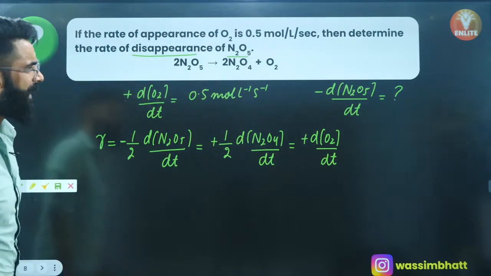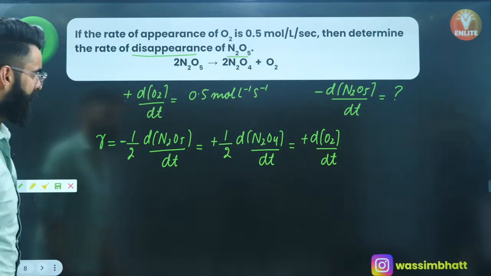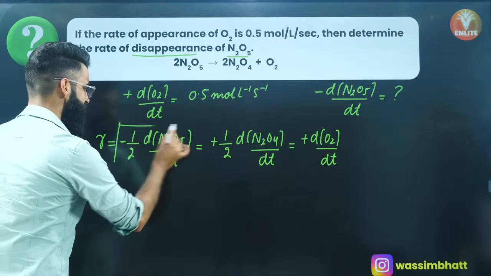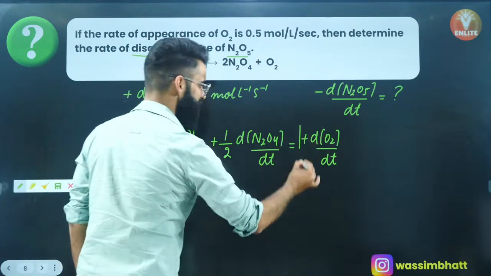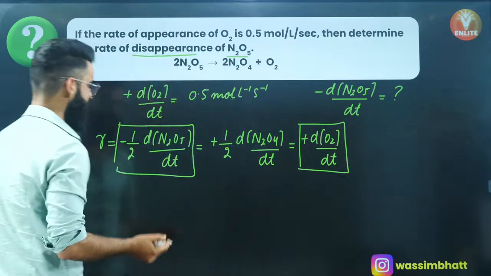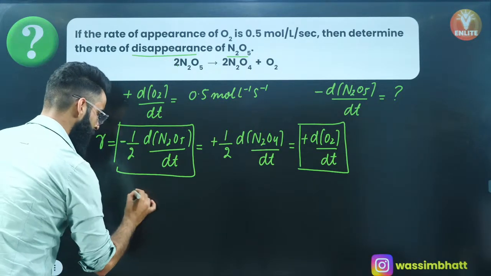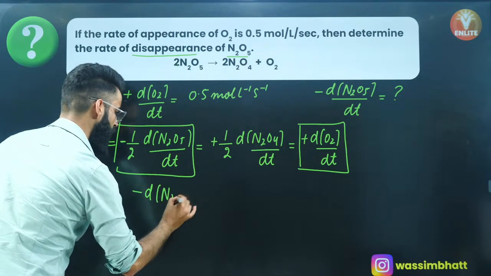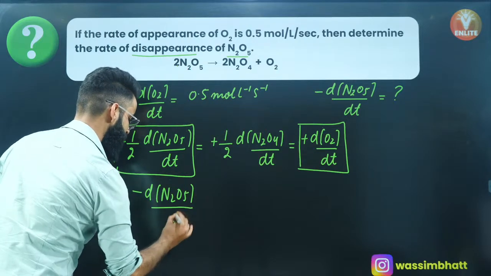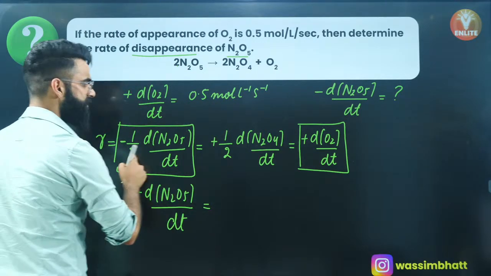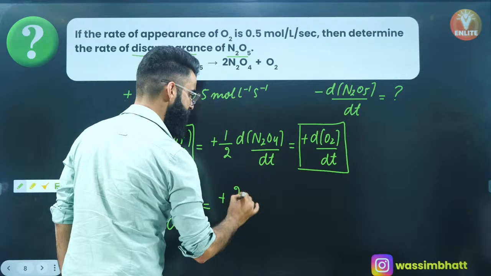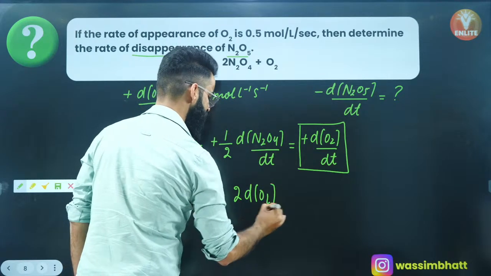What do I need to calculate? I need to calculate the rate of disappearance of N2O5, right? So let me just take this term out of this particular equation and this term. Let me just equate these two terms, right? I'll be writing minus d of N2O5 divided by dt is equal to, I'll take this 2 over here, plus 2 times d of O2 divided by dt.